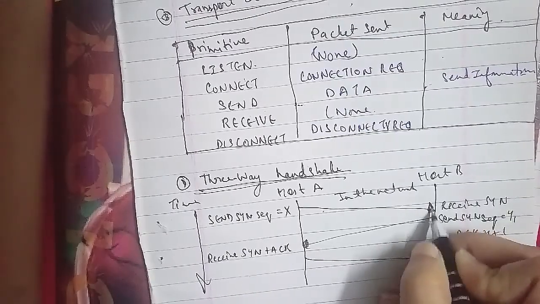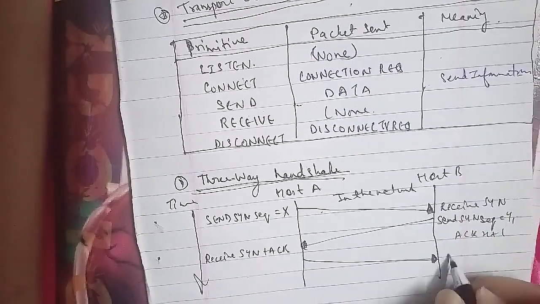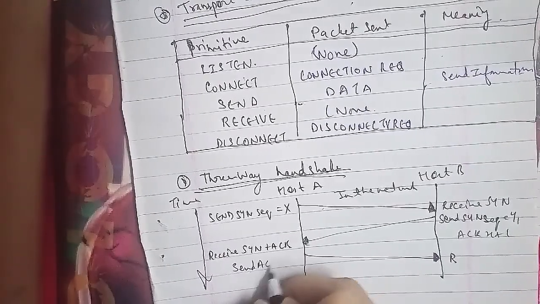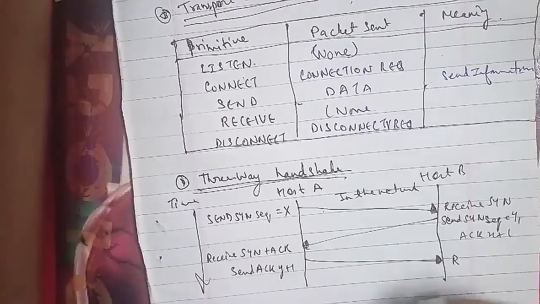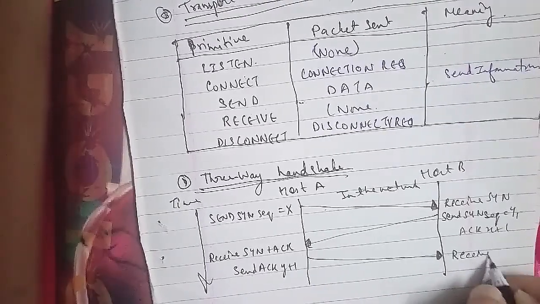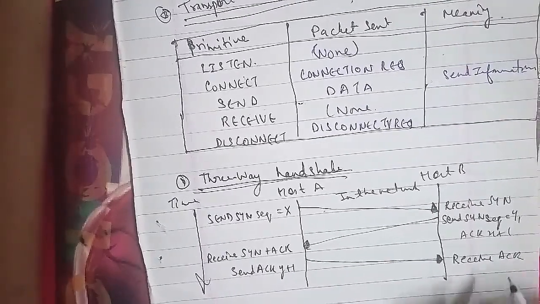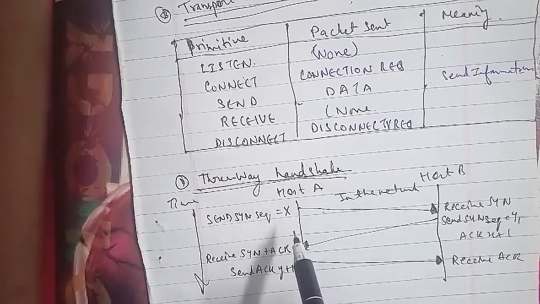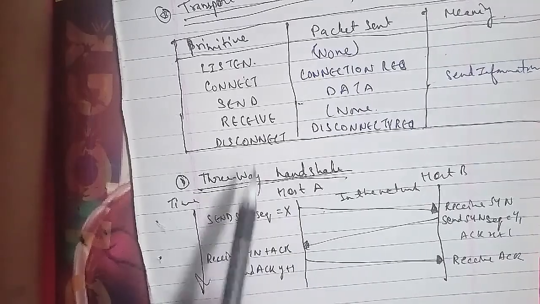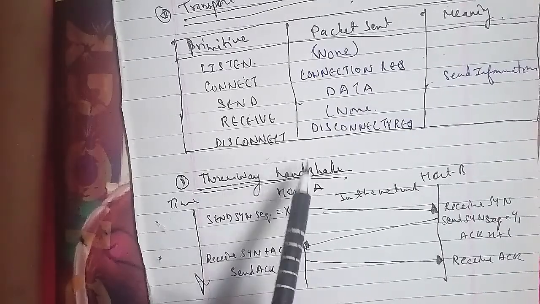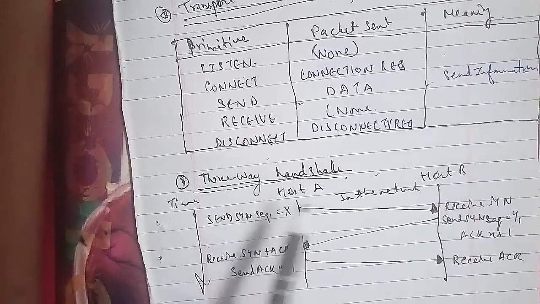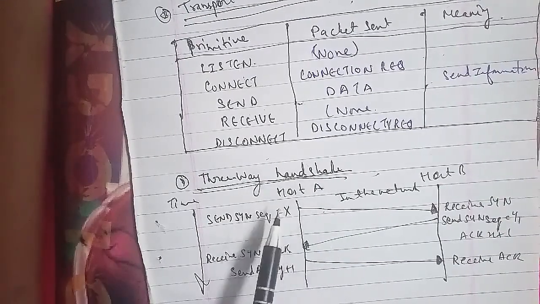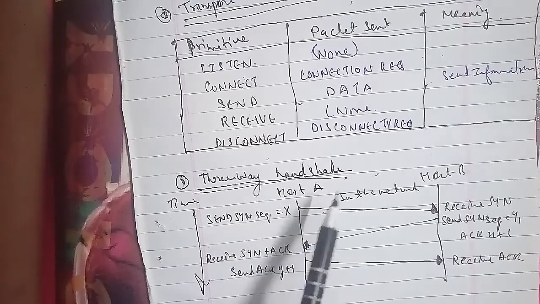At some moment later in time, host B receives the SYN segment, processes it, and responds with a TCP segment of its own. The response from host B contains the SYN control bit set and its own ISN, represented as the variable Y here. Host B also sets the acknowledgement control bit to indicate the next expected byte from host A, which should contain data starting with the sequence number X plus 1.